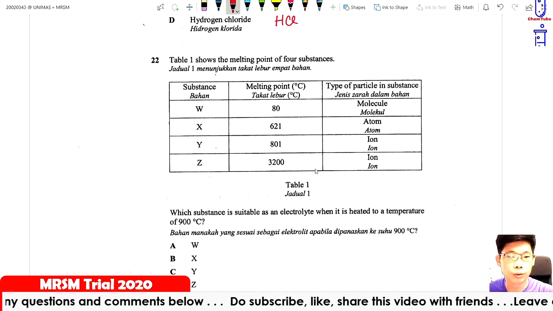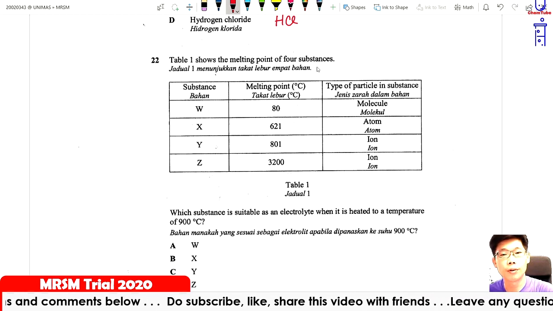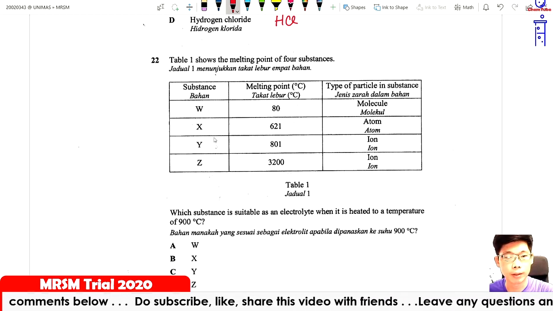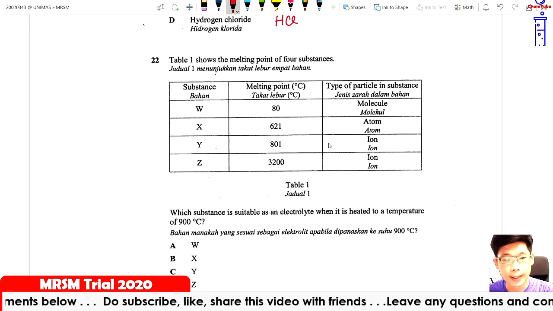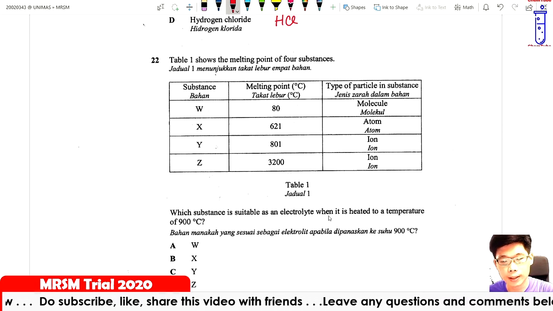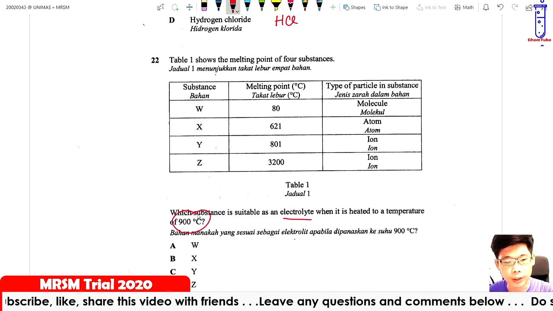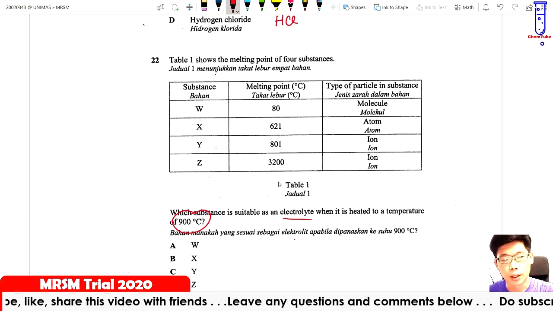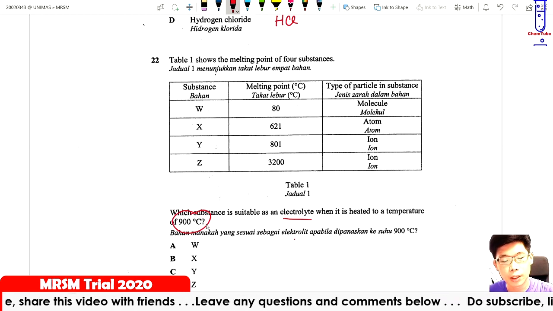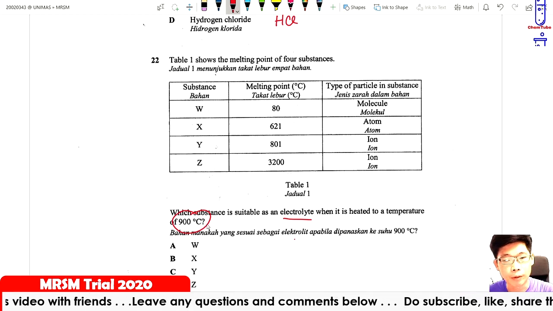22. The table shows the melting points for 4 substances: W, X, Y, and Z. Which substance is suitable as an electrolyte when it is heated at a temperature of 900 degrees Celsius? 900 degrees Celsius means it should be able to melt already.